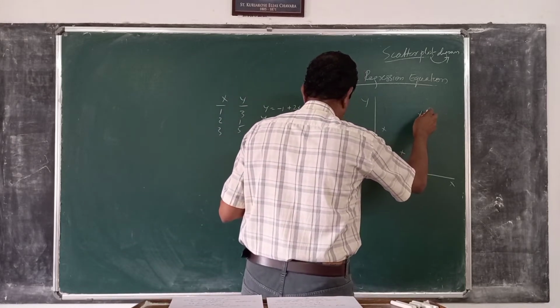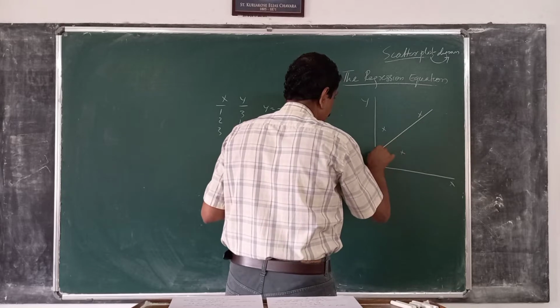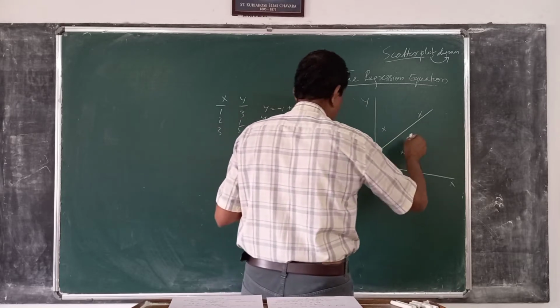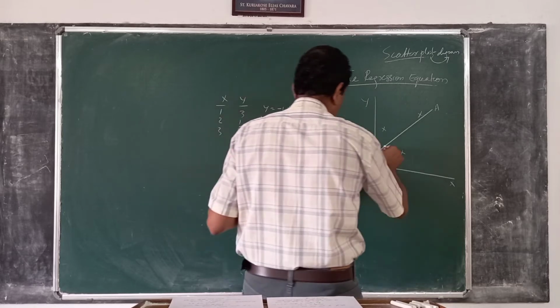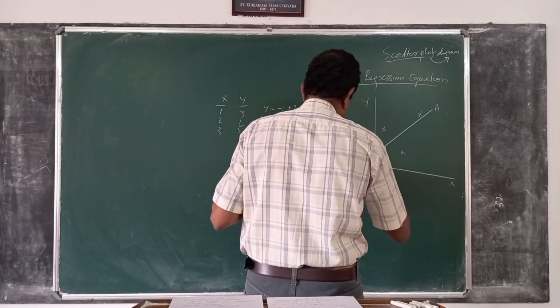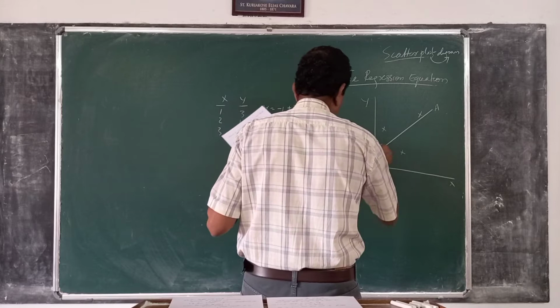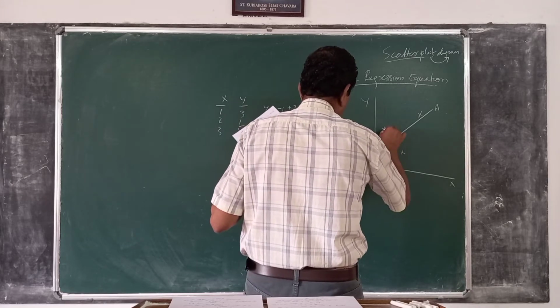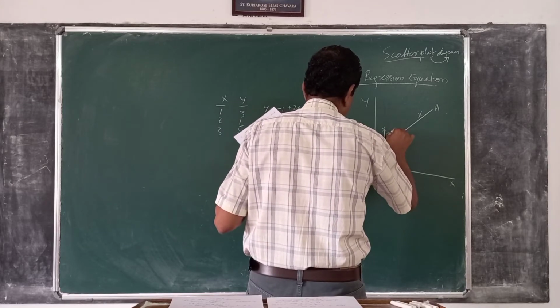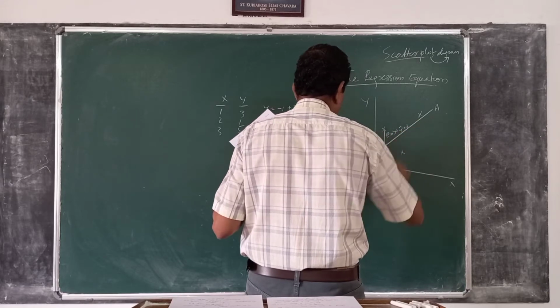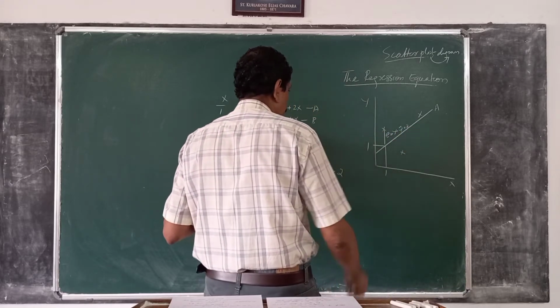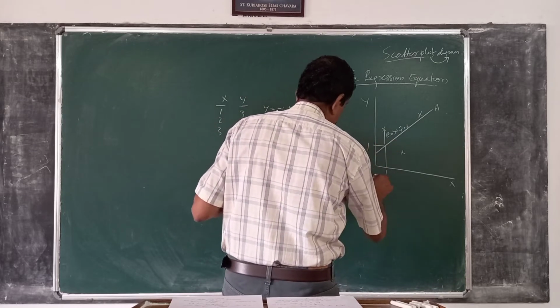So let me draw a line like this. Suppose that this is line A. When x is equal to 1, y is predicted as 1, and this is E. E is equal to y minus y hat, which is equal to 2.